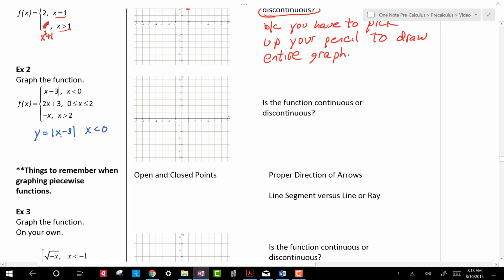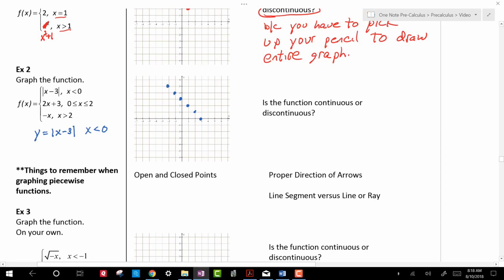So the absolute value of x minus 3, that's a shift to the right 3 units. Okay, so I would start off with a vertex at 3, 0. This has a slope of 1 to 1, so I would continue to graph 1 to 1. And you'll notice that I'm graphing way over to the left side.